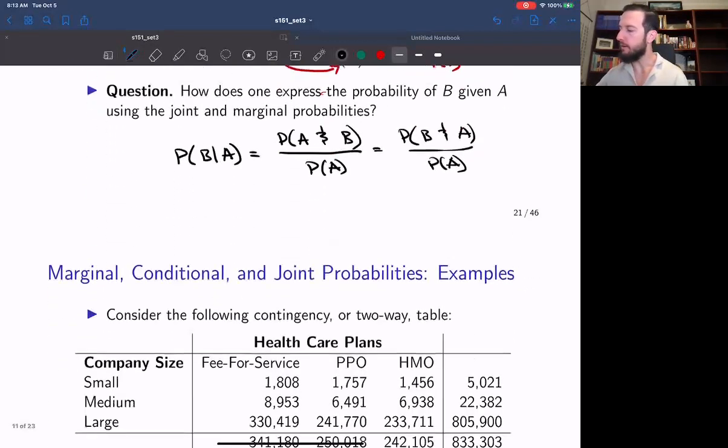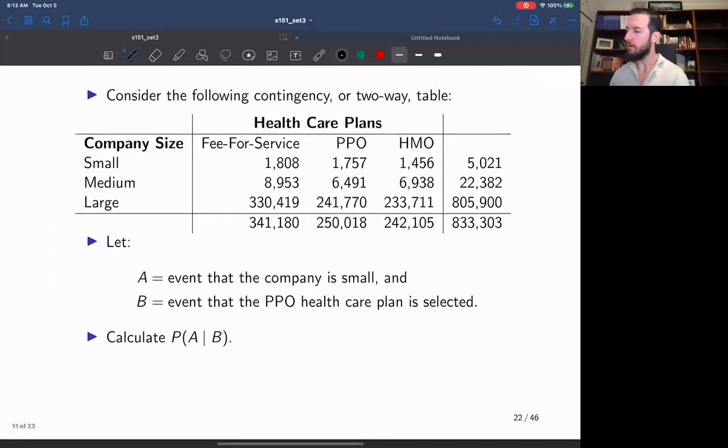Okay, so let's take a look at an example. For the same illustrations that we've already been talking about, we want to compute the probability of A given B. I'm going to show you how we can do this just by using the formulas, and then I'm going to show you what this means in the context of restricting the sample space.